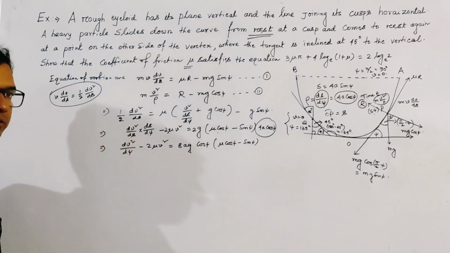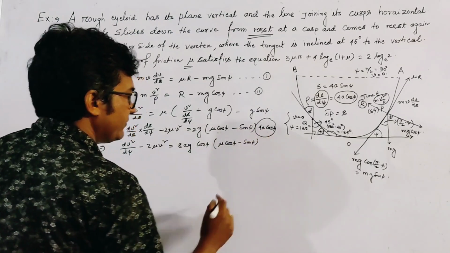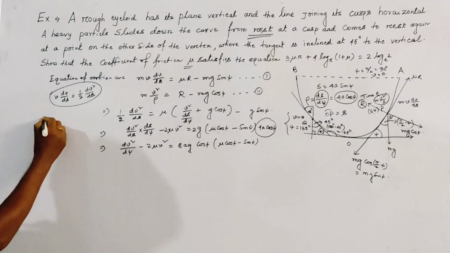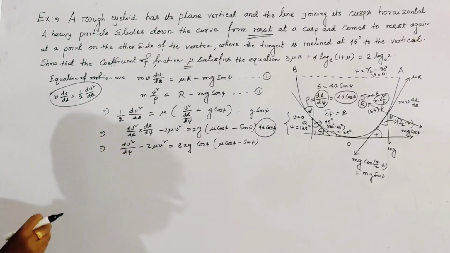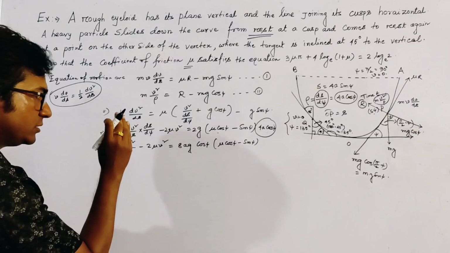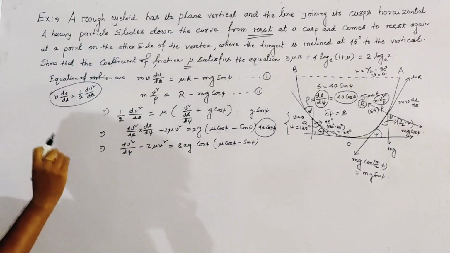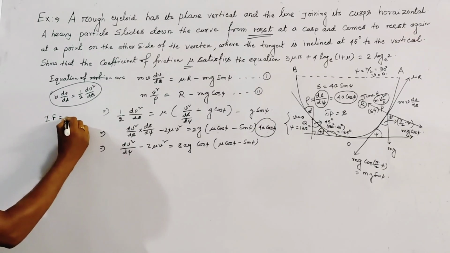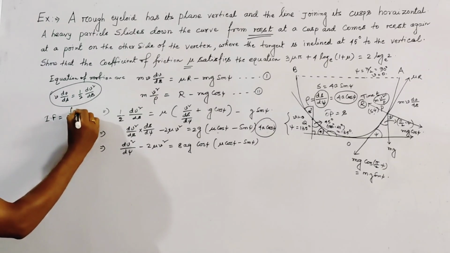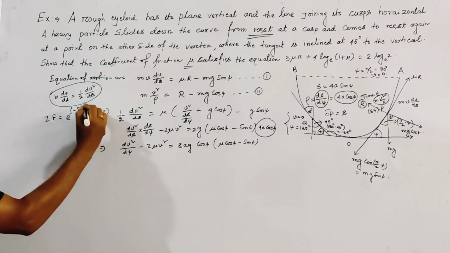Okay, clearly it is seen that this is a linear differential equation of first order, and here linear in v square. So the integrating factor of this differential equation is given by the rule for finding the integrating factor of a first order linear differential equation, e to the power integration of p dx.